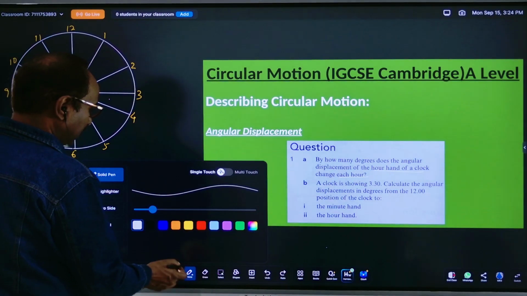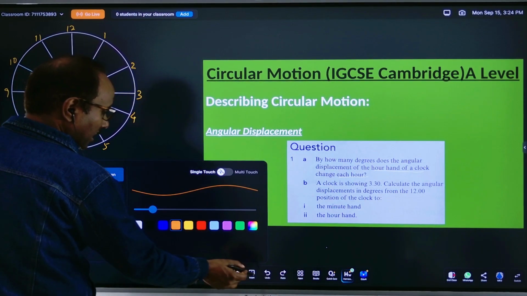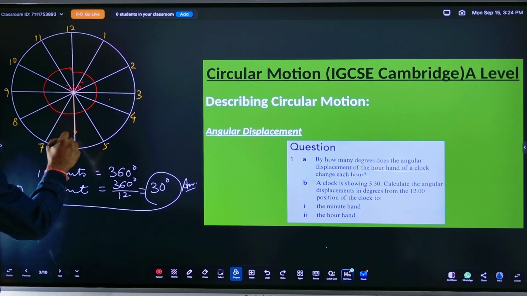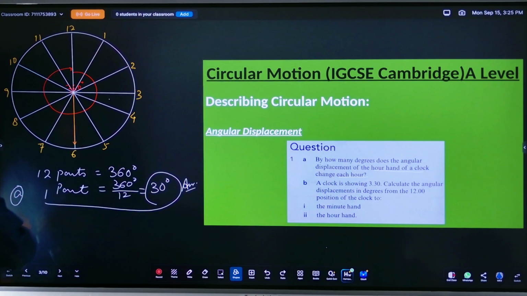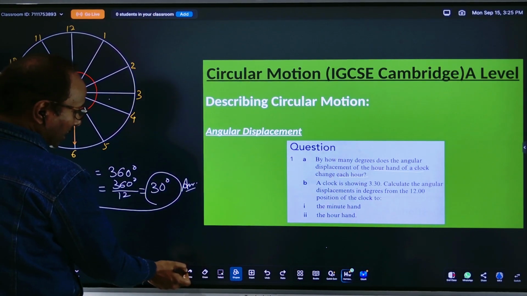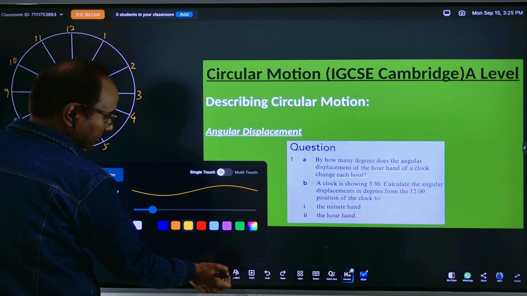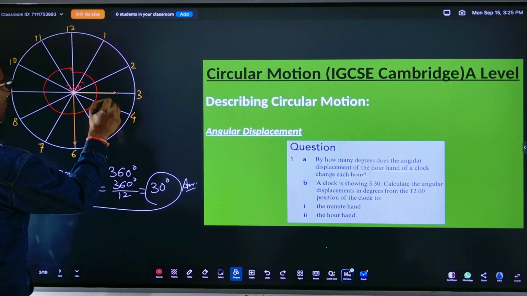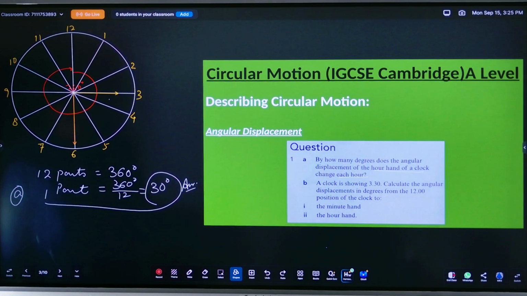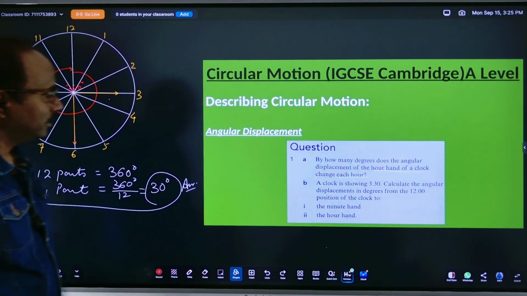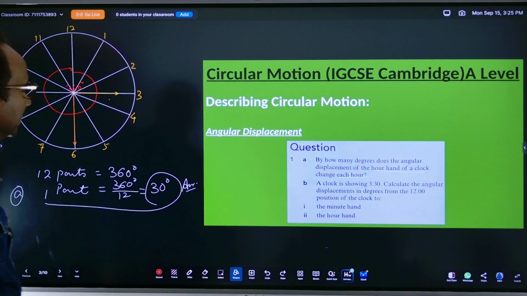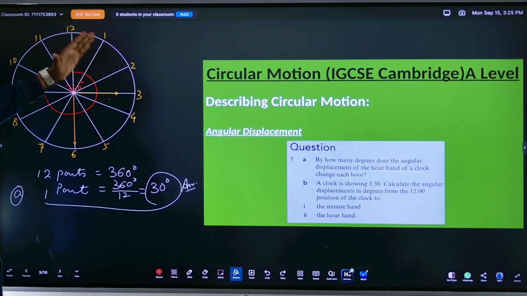So let us make the minute hand at this location. This will be your minute hand. And the hour hand will be along the 3. So now see number 1, the minute hand, how much degree? So minute hand is 6 parts of the hour, right?